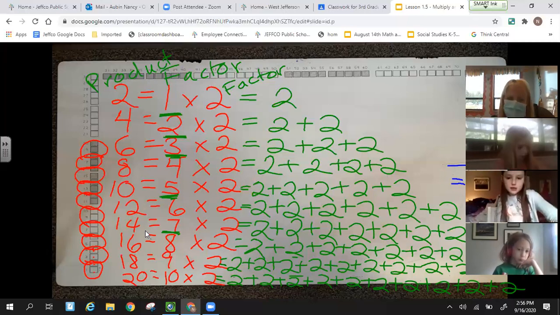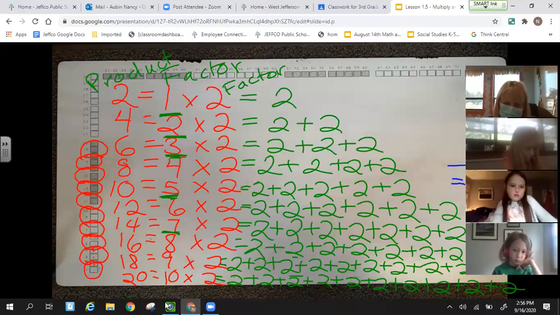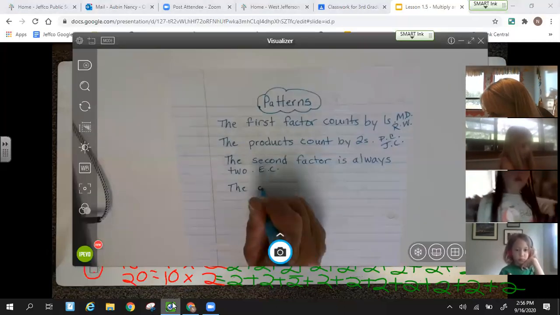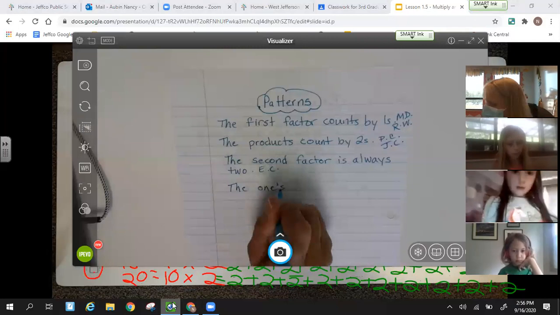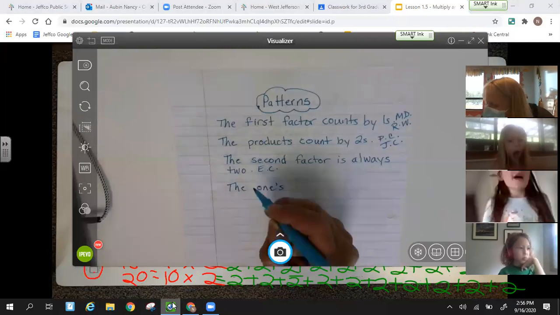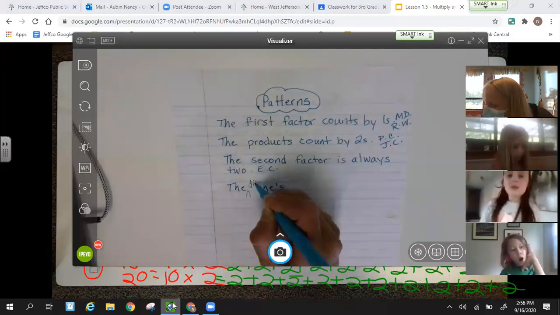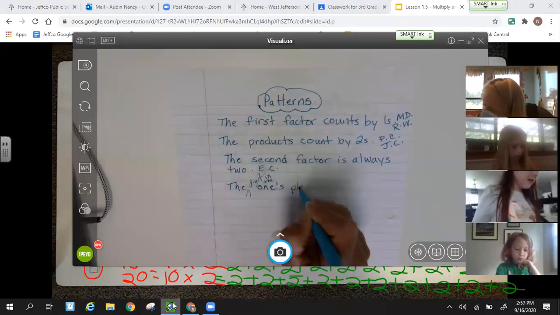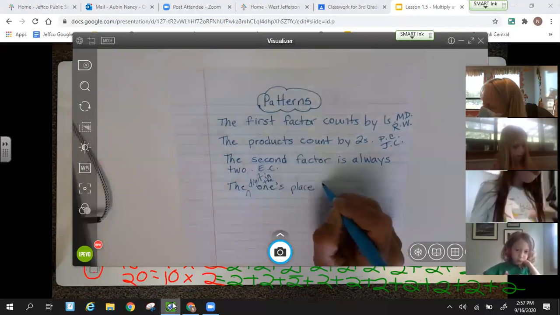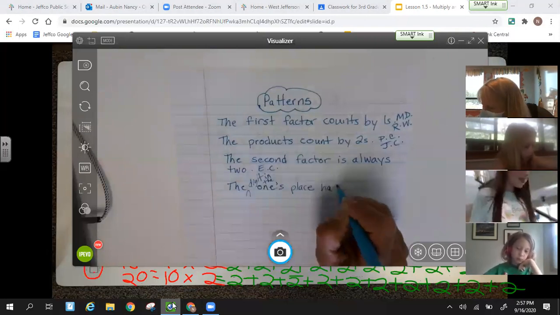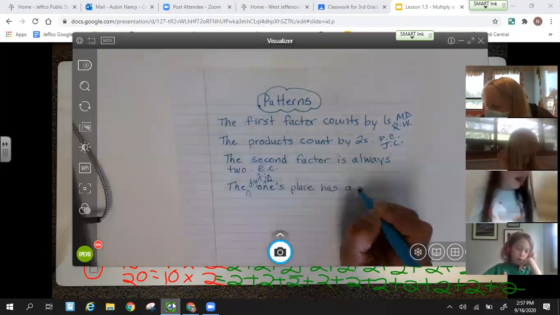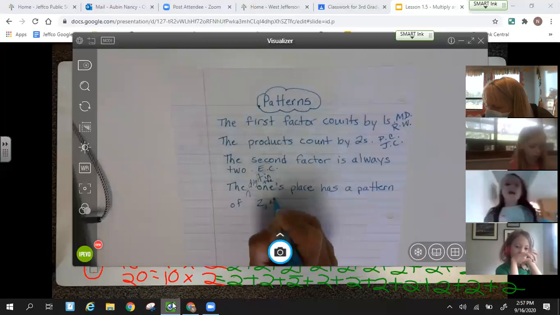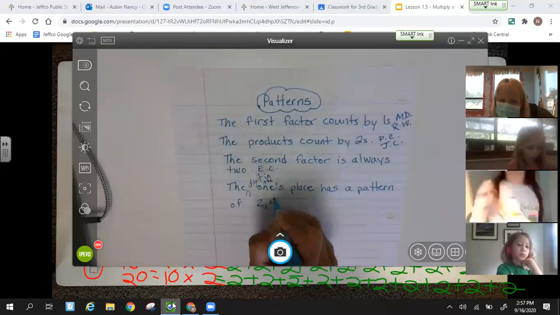Yeah. So a pattern that repeats in the ones place of the product. So the digit in the ones place, I should say. Let me put a little caret there. The digit in the ones place has a pattern of 2, 4, 6, 8, 0.